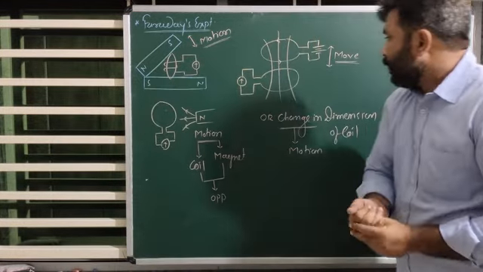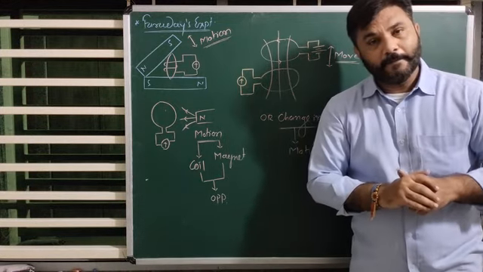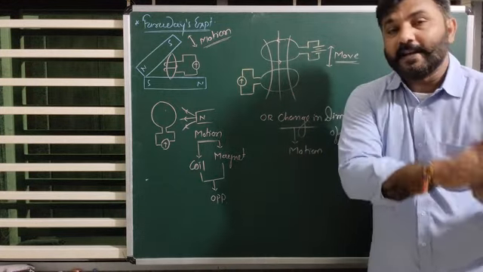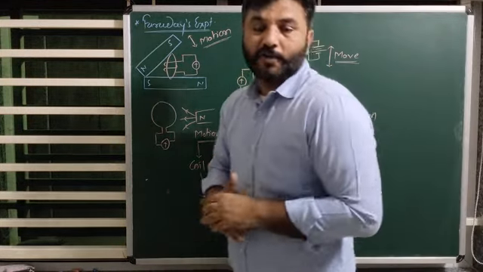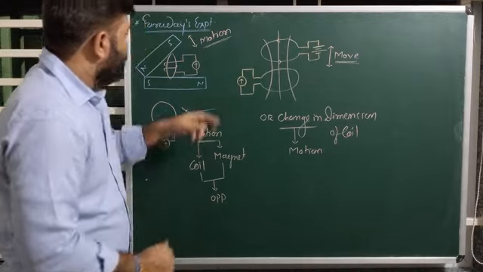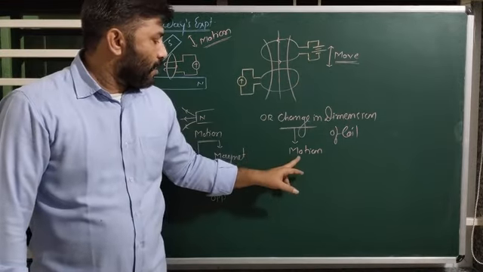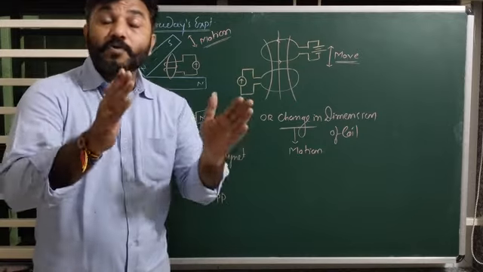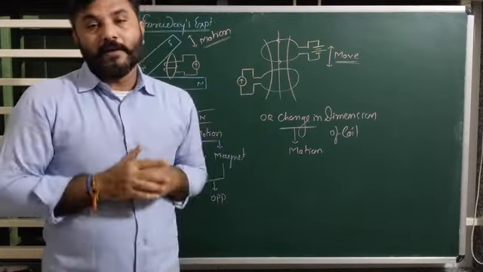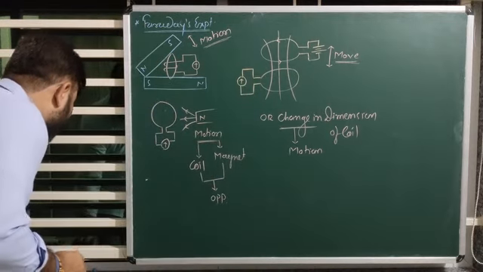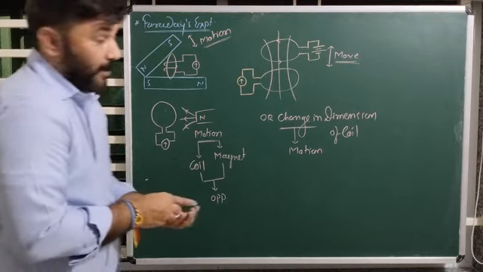Because of that, the magnetic field lines linked with a coil change continuously. And due to this change, electric current is produced. Right? Dear students, here motion, movement, motion, what is there? So, due to the motion, electric current is produced. Right? Now, there is the main thing.